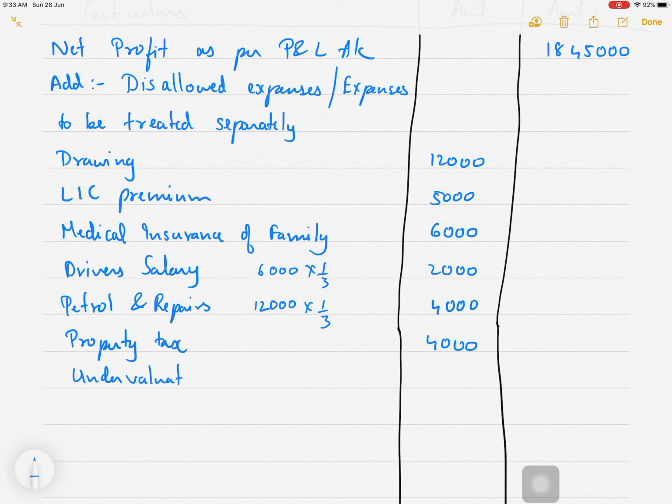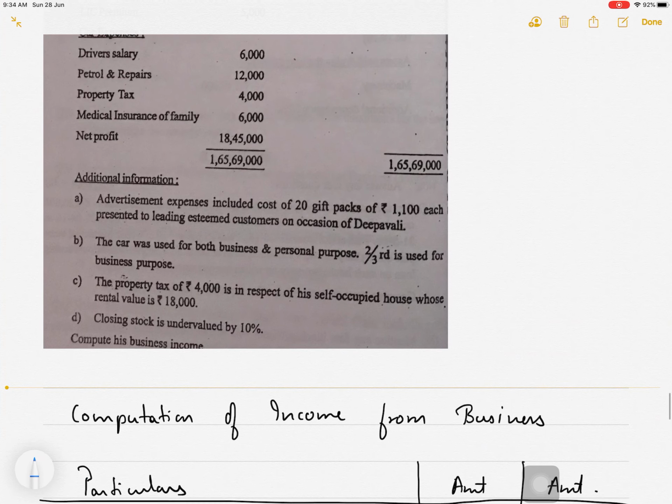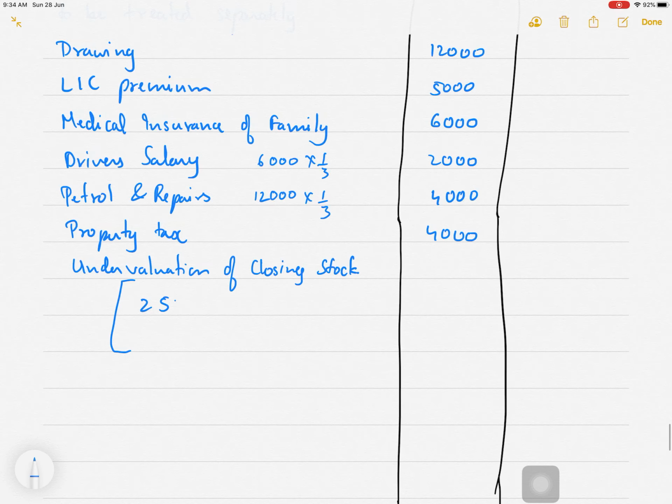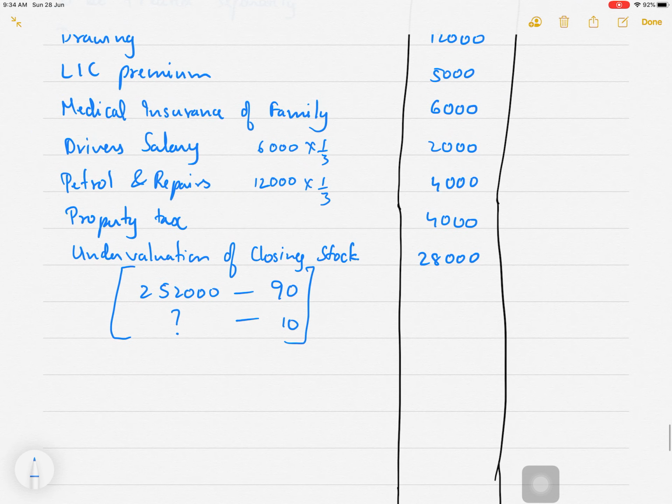So add undervaluation of closing stock by 10%. So 2,52,000 is 90. How much is 10? Which comes to 28,000. We have already calculated.